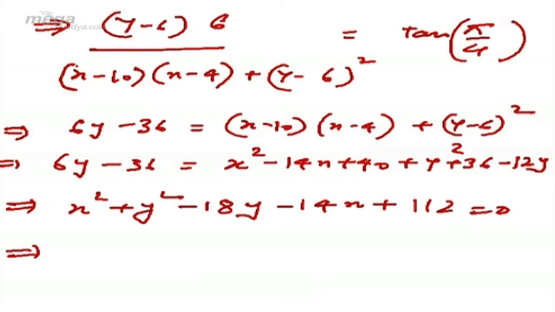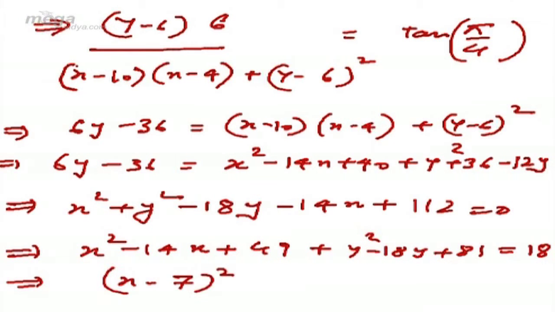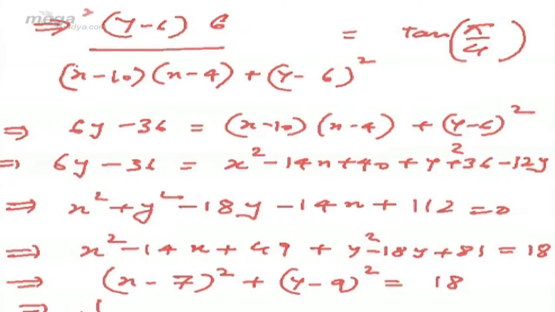If you make it a perfect square, then x square minus 14x plus 49 plus y square minus 18y plus 81 will be equal to 18. That is (x minus 7) whole square plus (y minus 9) whole square will be equal to 18. If you take the square root, it becomes (x minus 7) square plus (y minus 9) square is equal to (3 root 2) to the power 2. You can also write it like this: mod of z minus 7 minus 9i is equal to 3 root 2.